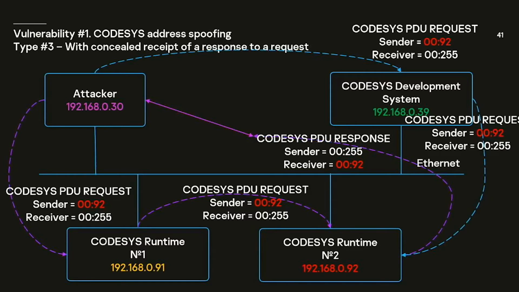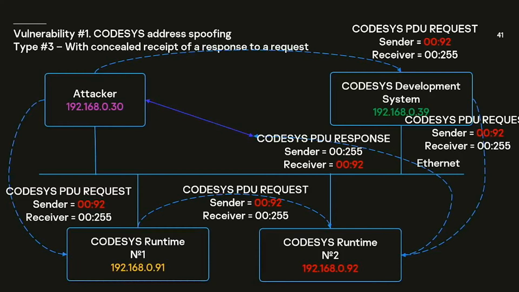And yes, the attacker can use, instead of one proxy node, a few proxy nodes, because CODESYS Runtime is very trustful and believes in the data that it receives.